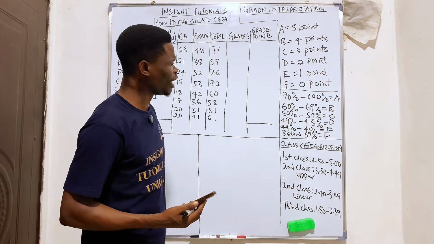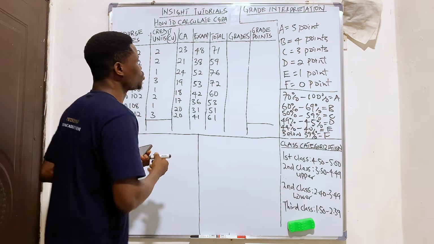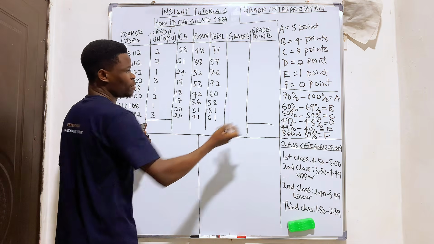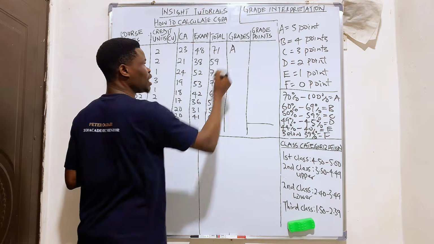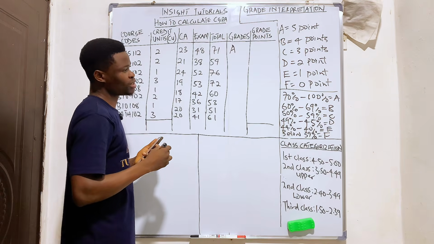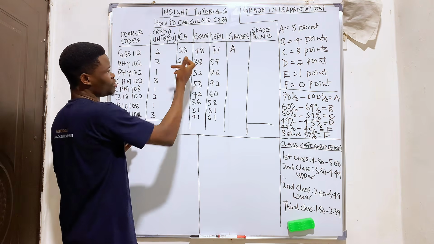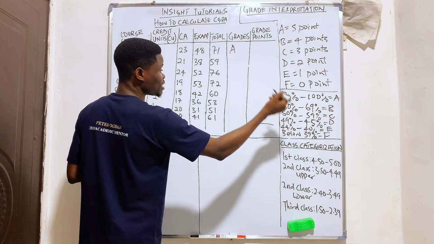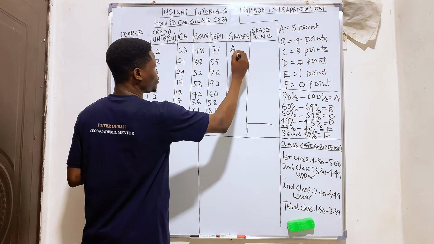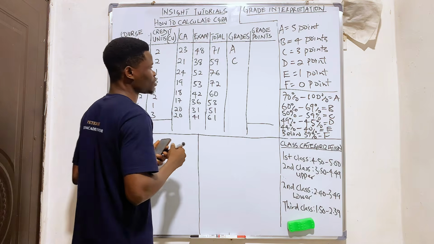Now, what that means is this. If a student has 71, because the range is between 70 to 100, the student will be given an A grade. And if a student has 59, that student automatically has a C grade, just 1 mark short of a B, but that's not the case.